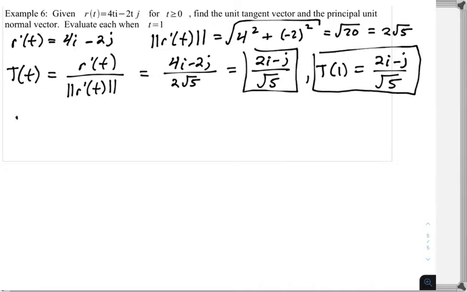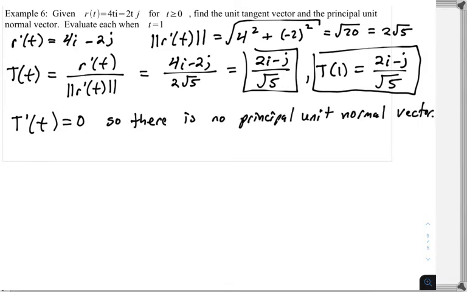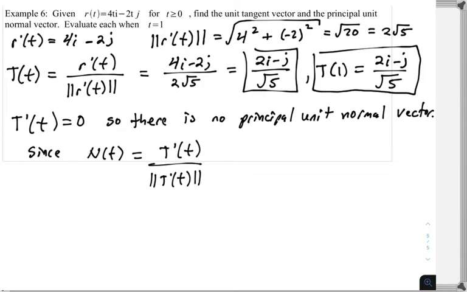And when we do take the derivative of the unit tangent vector, we do get 0, and we can't get the principal unit normal vector because it is the derivative of the unit tangent vector divided by the magnitude of the derivative of the unit tangent vector. And since the derivative of the unit tangent vector is 0, its magnitude would be 0, and so we'd have 0 over 0, so we wouldn't be able to do that.